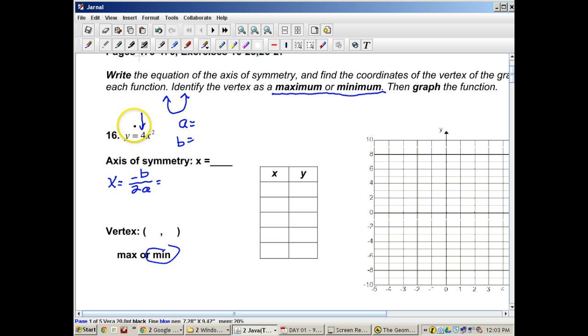So A equals 4. B is 0, no number. So we can just get 0 over 2 times 4, which is equal to 0. X equals 0.